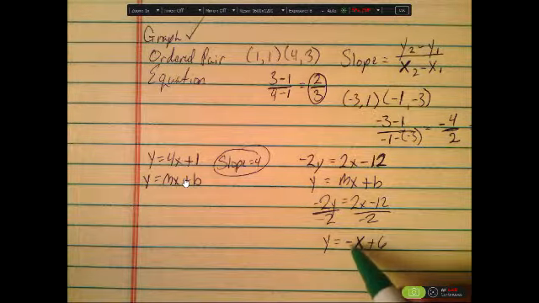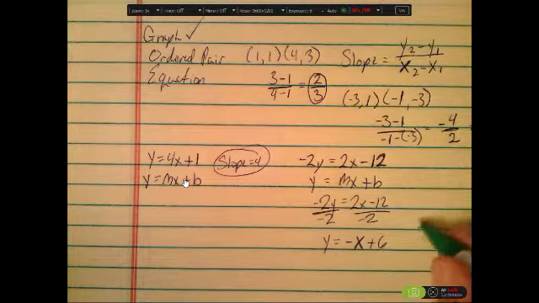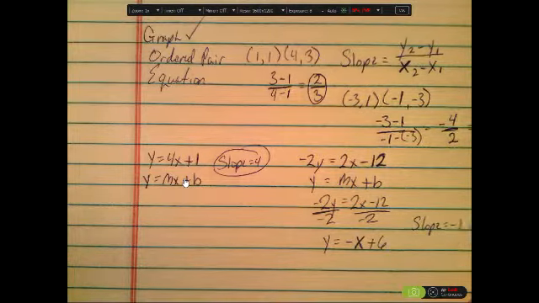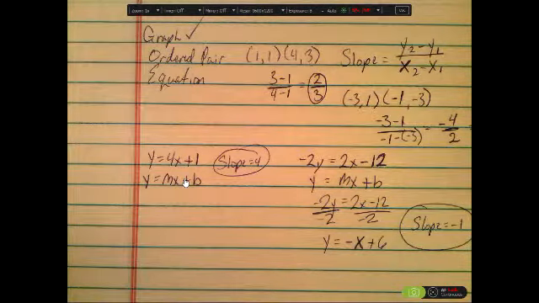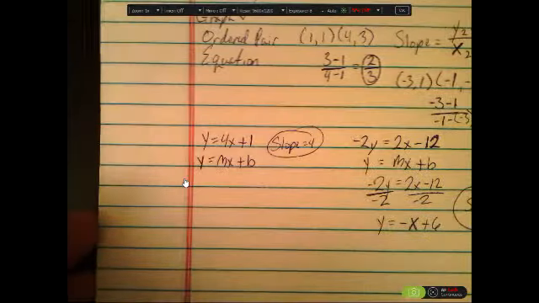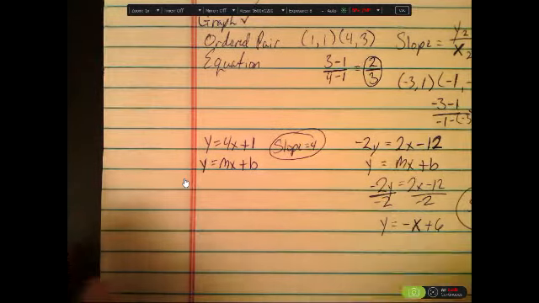So our slope is going to be -1, right? So slope equals -1, and that's it. Okay? Still not horrible, still not bad. All right, let's try one more. Sometimes we might get creative and give you an equation in standard form. So let's go ahead and do that.